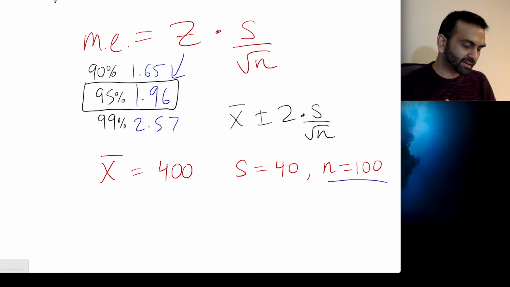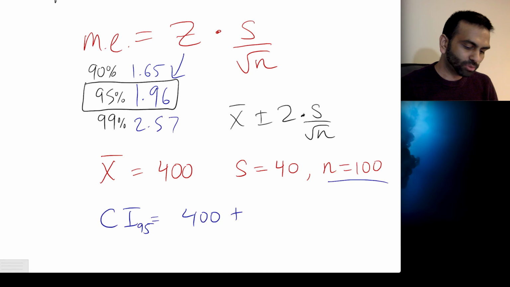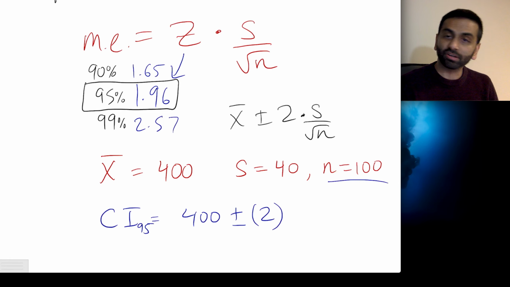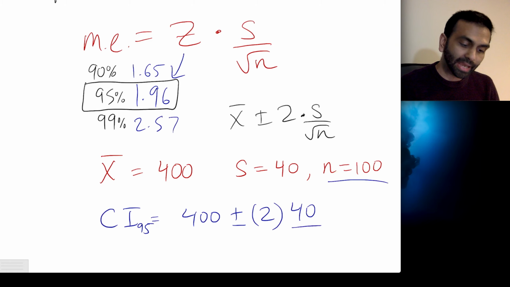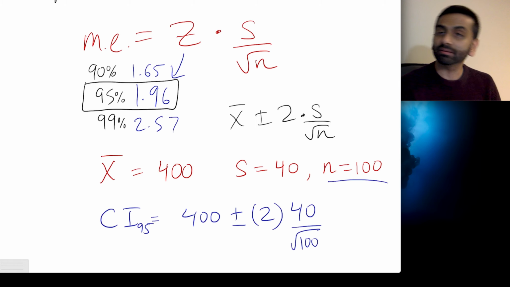Well, then we're going to say that our confidence interval, CI, the 95% confidence interval, is literally our x bar plus or minus 2 times our standard error, which is just going to be 40 over root n, and the square root of 100 is 10.